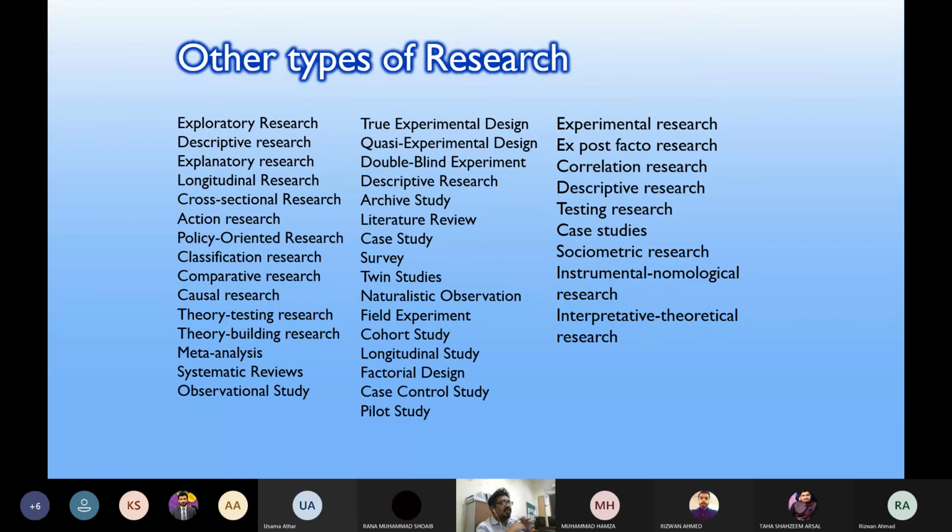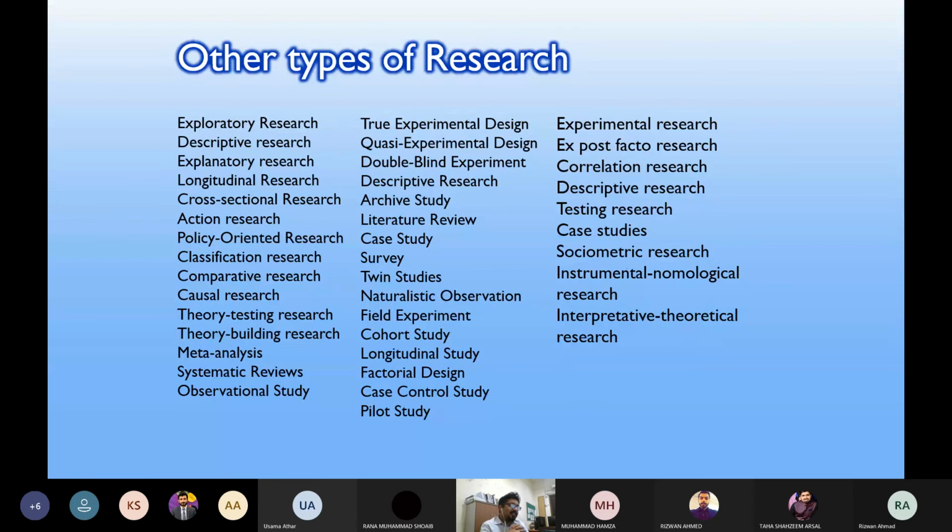These are some of the names of research design which people use, but I've just categorized or classified some of the common types of research design.